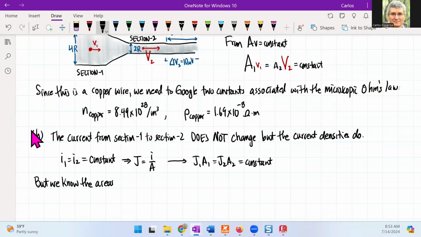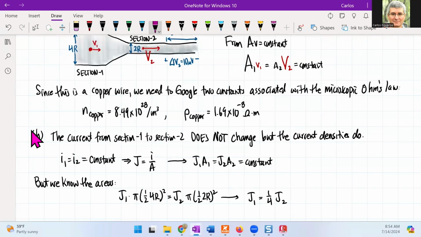So if I go ahead and solve for J1, because that's what we're really looking for, J1 times the area of 1, which is pi, but these are diameters, so I have to divide by 2, of 4R squared, equals J2 times pi of 1/2 of 2R squared. And so when the dust settles, we see that the current density in section 1 has to be 1/4 of the current density in 2.